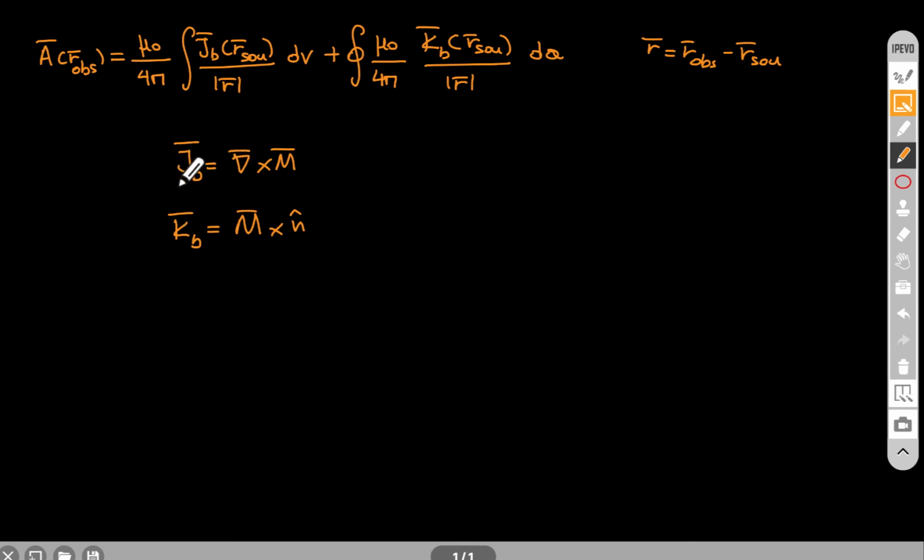To calculate these two current densities, we need to know the magnetization of the material, and this M refers to the magnetic dipole moment per unit volume.